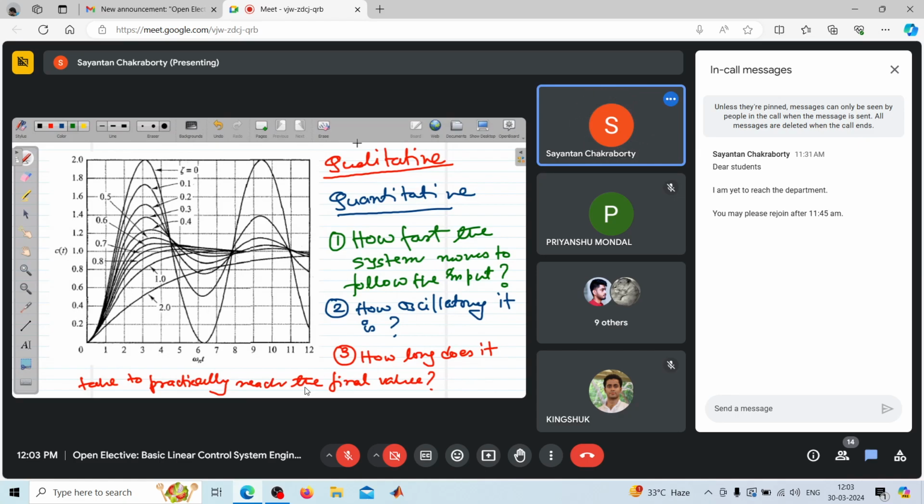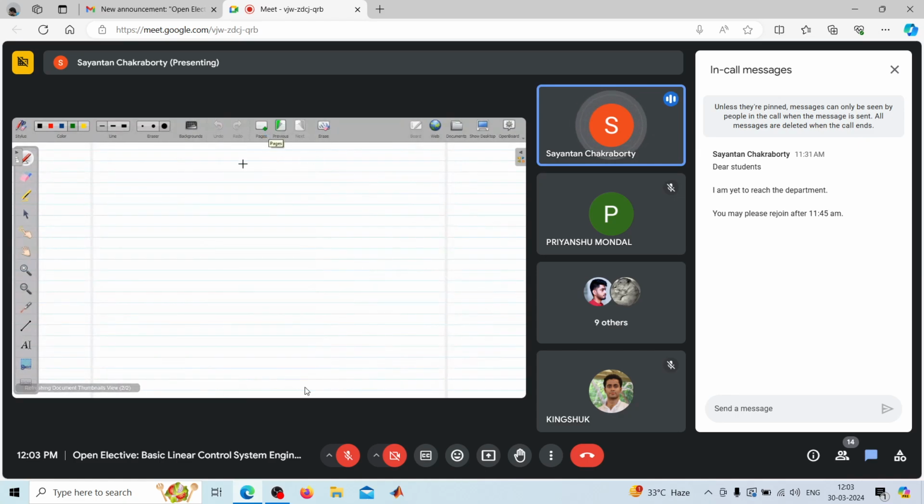description. So to specify these things quantitatively, we need some performance indices.